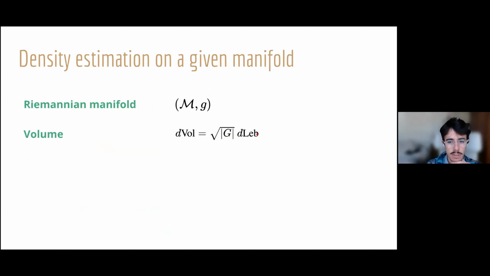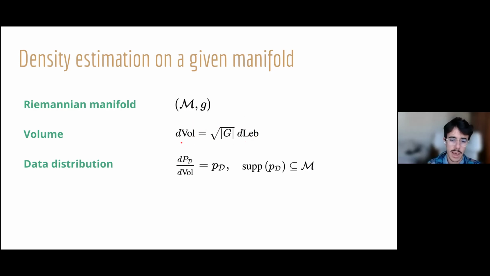The Riemannian metric induces a change of volume, and so we have a new Riemannian measure instead of the Lebesgue one. What we care about is densities with respect to this Riemannian measure instead of the Lebesgue one.